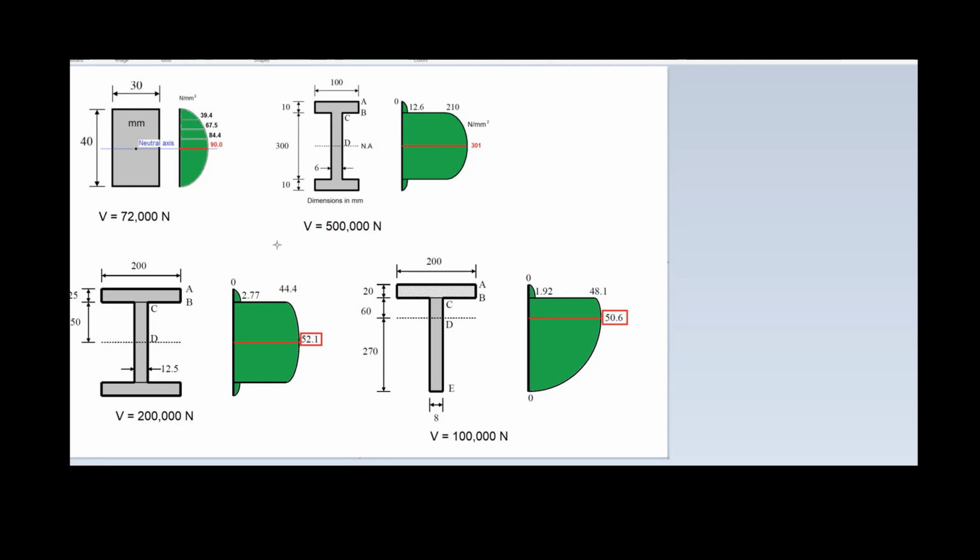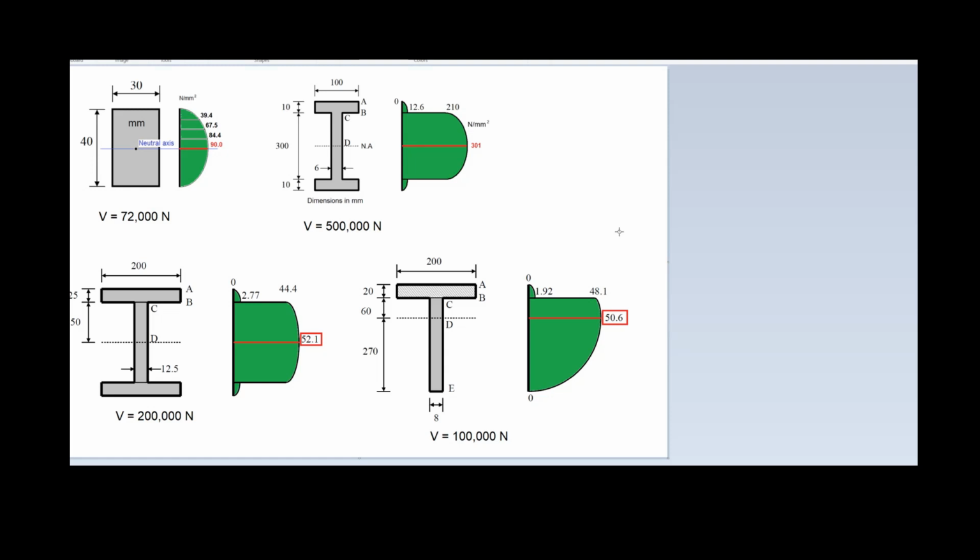So as you see, the exercises are very repetitive. The calculations are exactly the same all the time. You just need to be very confident in the calculation of moment of inertia and the location of the centroid. This is the reason why we have studied moment of inertia and the location of the centroid for different sections in the first semester, because these calculations are useful for you to evaluate the bending stresses and the shear stresses.